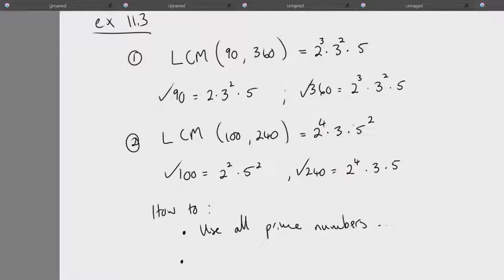Then when it comes to the exponents, which ones do I use? I now use the largest one that I see. So I choose the largest exponent for each. In the case of the 2s, 4 was the largest exponent. In the case of the 3s, it's only this one, 1. In the case of the 5s, 2 was the largest exponent. And there you go.